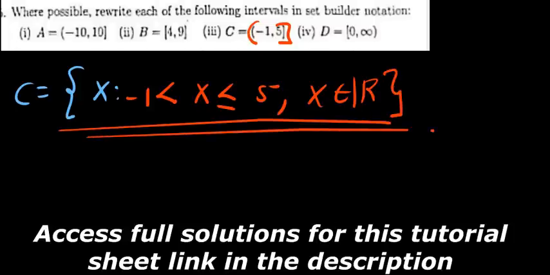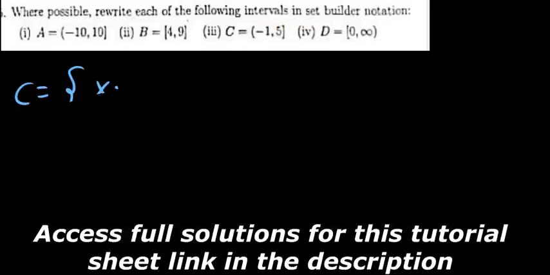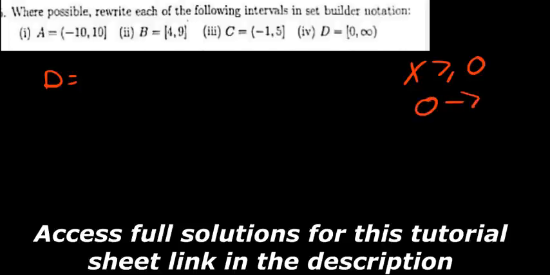Simple, right? So let's try to do the last one, which is D. We have infinity, and this means it is starting from x greater than or equal to 0. So it is the numbers from 0 all the way to positive infinity.